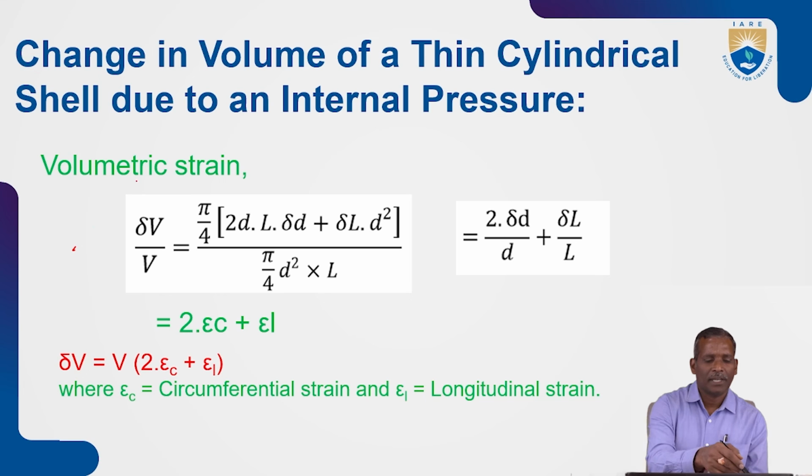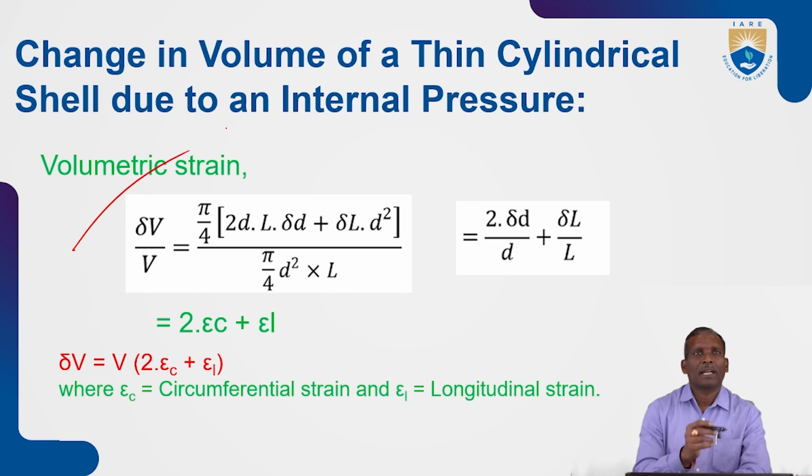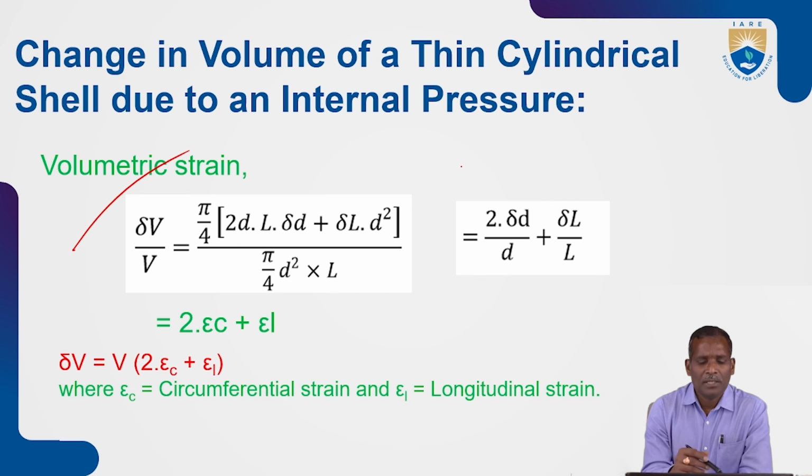So the volumetric strain, delta V by V, is that divided by pi by 4 into D square into L.